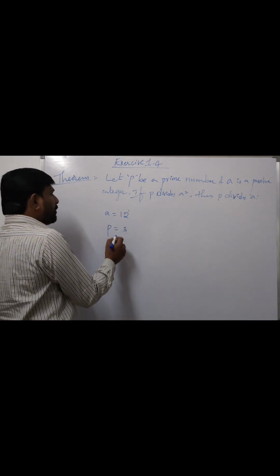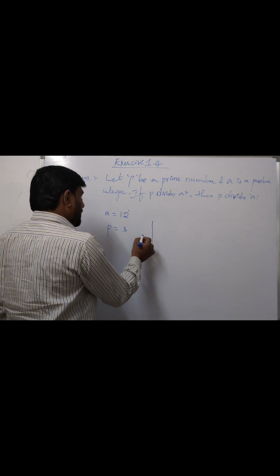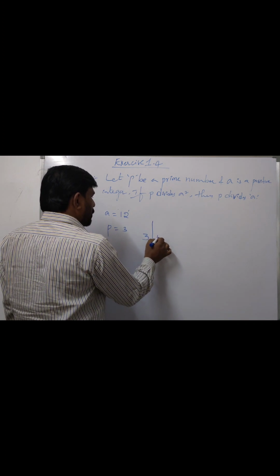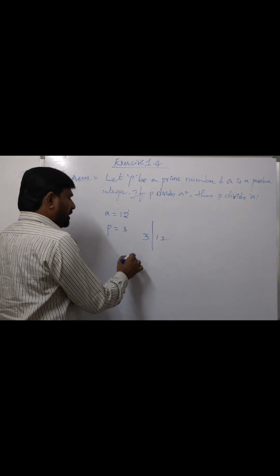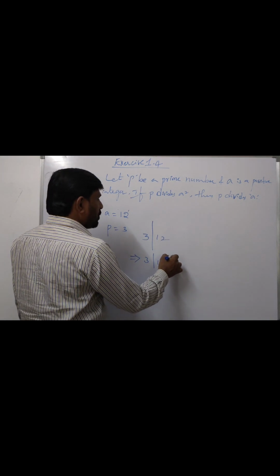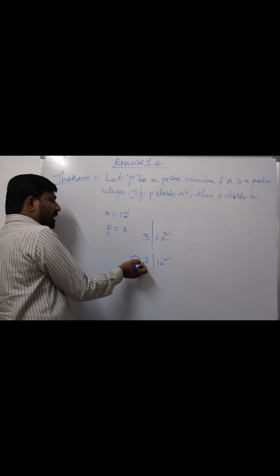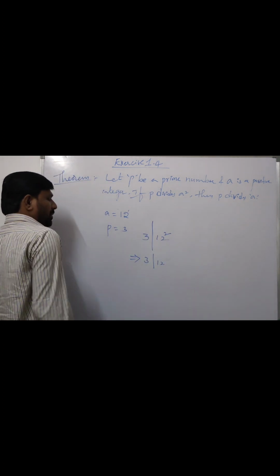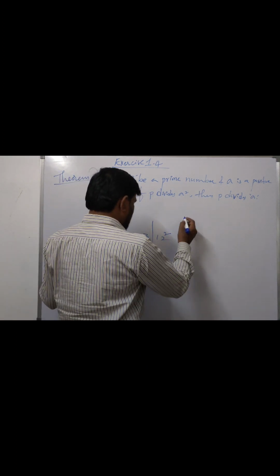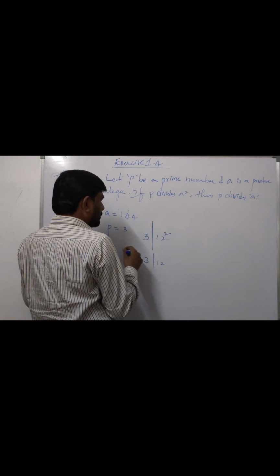Then, if P divides, this is the divisibility symbol, right? This meaning is 3 divides 12. If P divides 12 square, then it should also divide 12. You check: 12 square is 144.